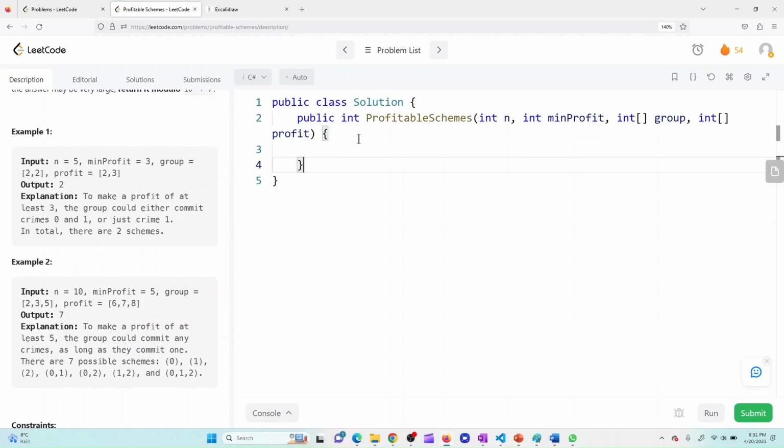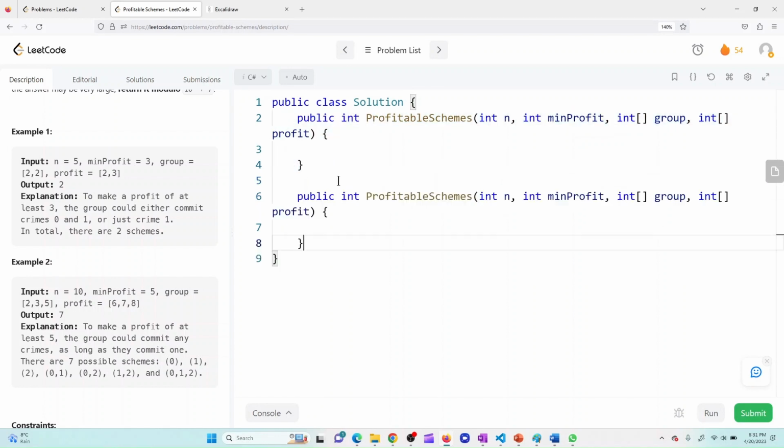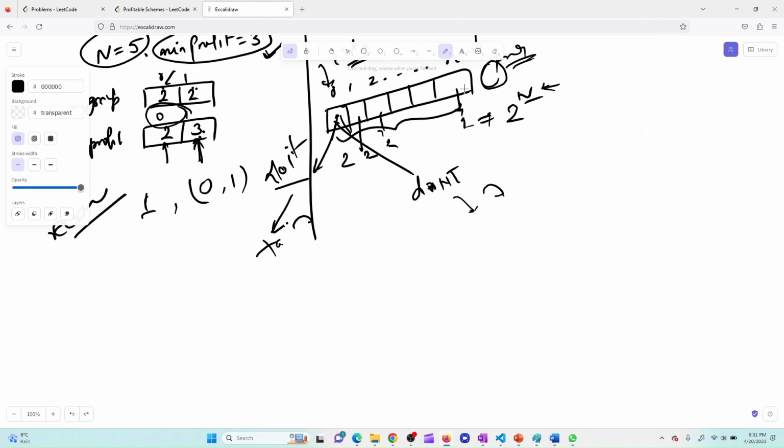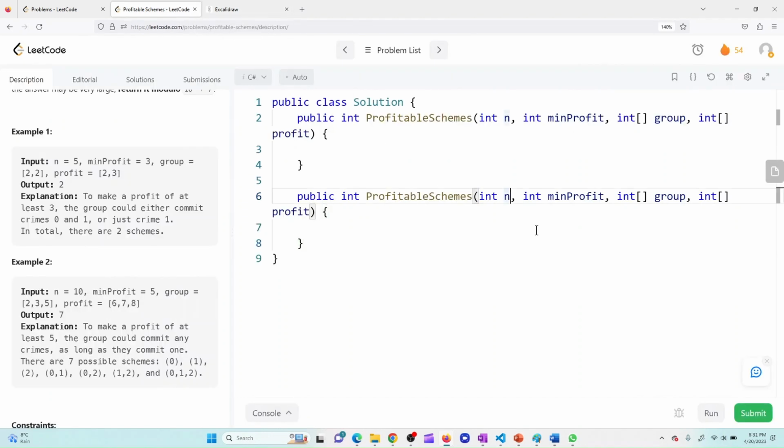We'll start by creating a simple recursive function that we are going to call, let's call it simpleProfitableScheme. Just let's copy it. What we need to pass in, as we discussed here, is the index, that is, which crime you are working on.